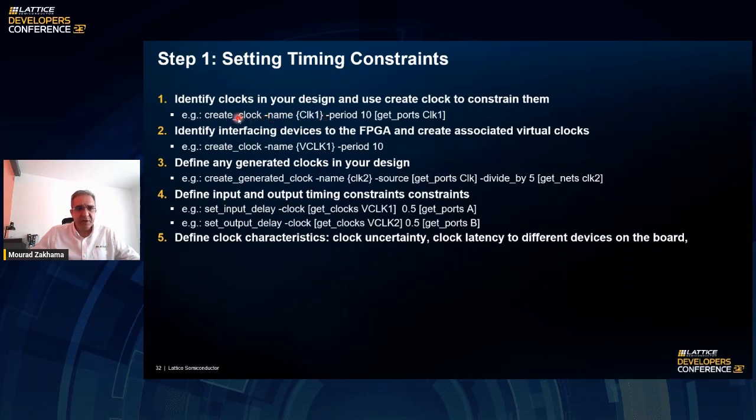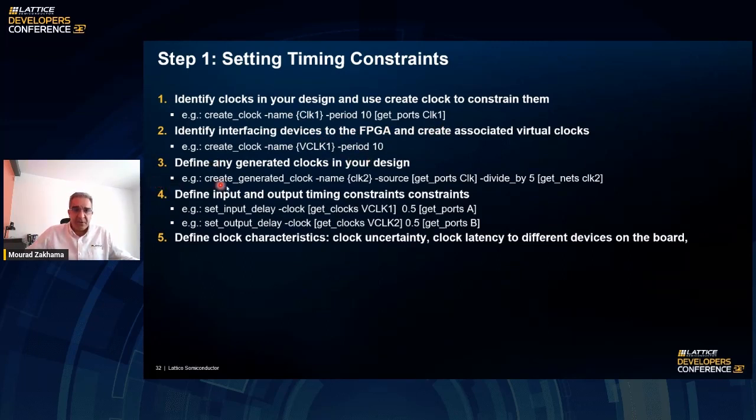So you have to do create clock, the name of the clock, the period, so the tool knows that it has a target for each one of the clocks. Same thing for the virtual clocks. When you have virtual clocks, meaning that you have external devices to the FPGA that are driving signals to the FPGA, identify these and create the virtual clocks that are required.